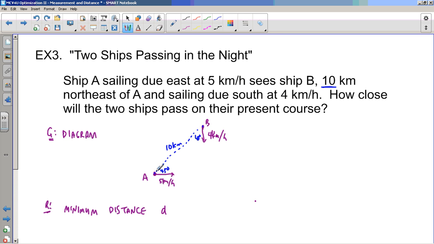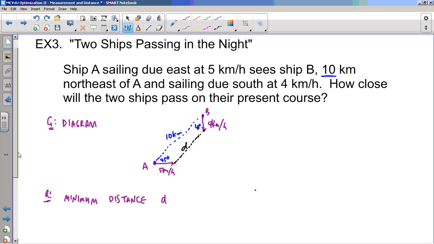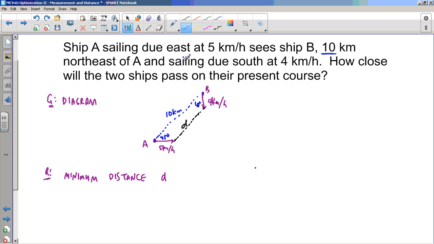That's the distance between them. Well, it was 10 at the start. I can see that it's closing, right? So this is kind of like the D here, and it's not closing at equal rates, so this is a tough question. And so let's get into the analysis.